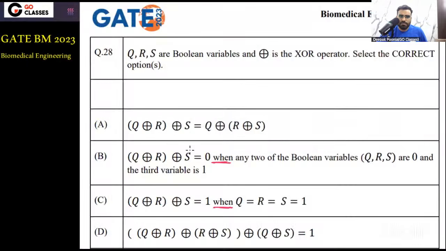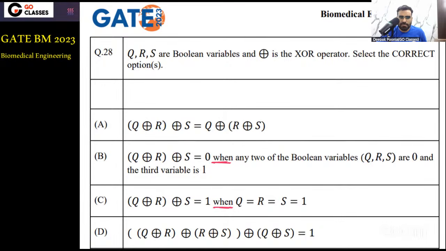Option B is saying that this will happen when this will happen. Here we need to assume that this is already true. Then we need to check, is it always true or can we make it false? If we can make it false when this is true, then I will say that option B is false. I hope you understood this. Please understand that the direction is not from here to here. The direction is from here to here. So now let's solve this.